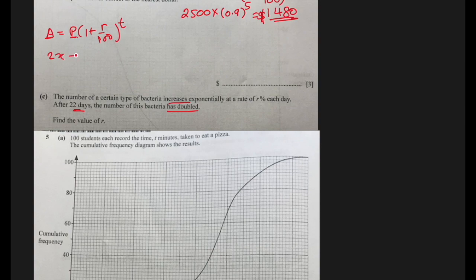The final amount is 2x, the initial amount is x. 1 plus r over 100, but we know here that the days are 22. Every day it is increasing by r percent. First of all, let's get rid of x. I told you x is not important, so that's why it's gone. Right now, our purpose is to find this r.